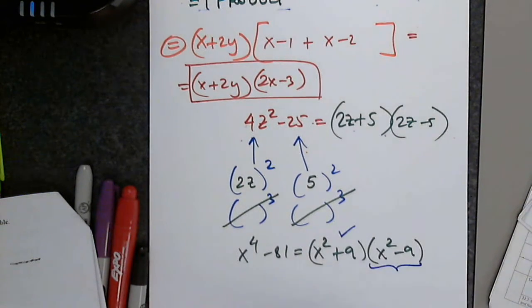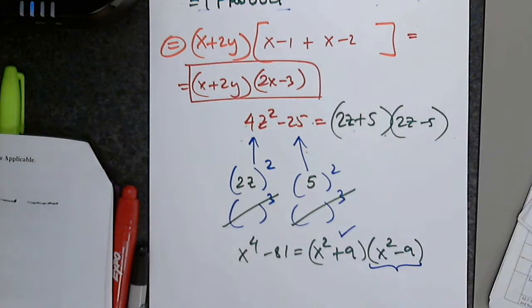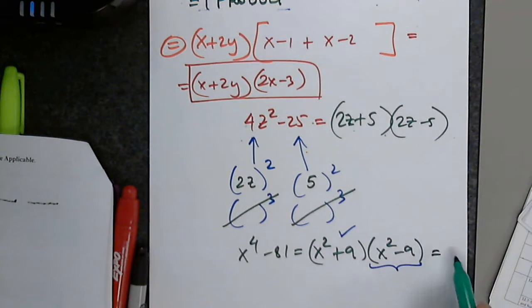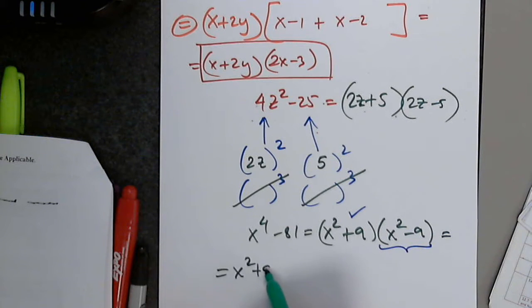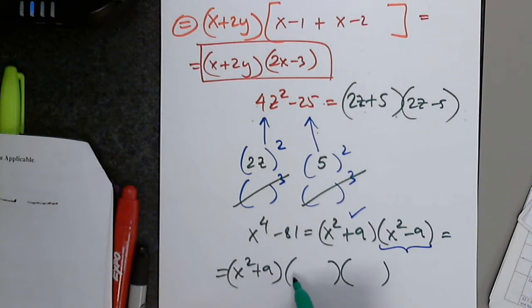What about this one? Is x squared minus 9 factorable? Yes? Good. How do I do it? The square root of x squared is x, and square root of 9 is 3. Good. So x plus 3, x minus 3.